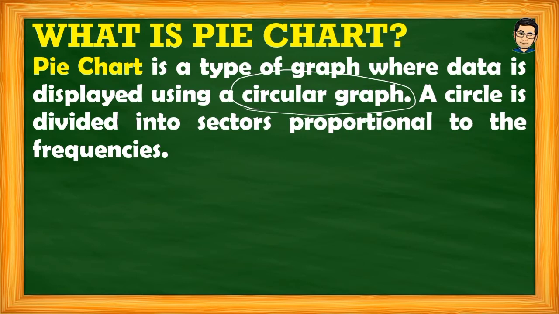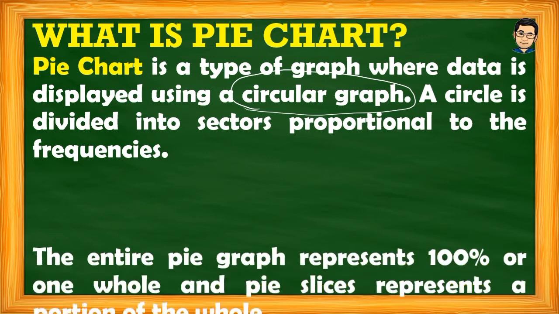A circle is divided into sectors proportional to the frequencies. Since pie chart po yan, circular siya, hinahati-hati po natin yan based dun sa information, dun sa data na given. Kung ilan ang hati, ilan % kada hati, depende po yan sa ating data.